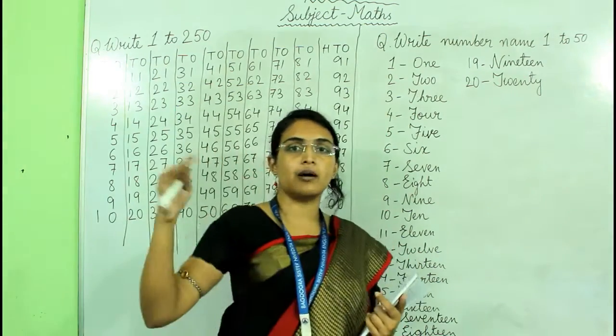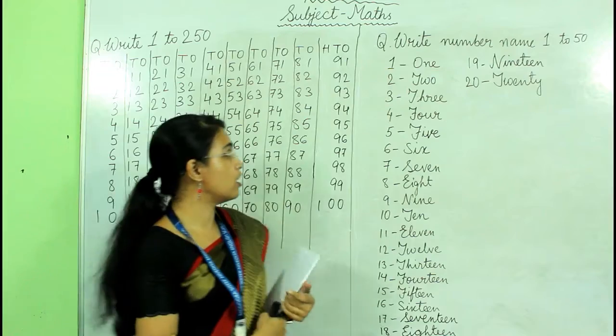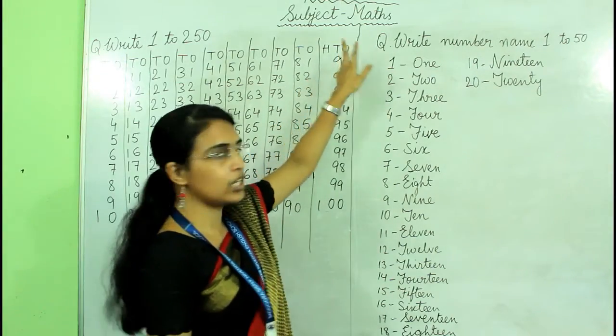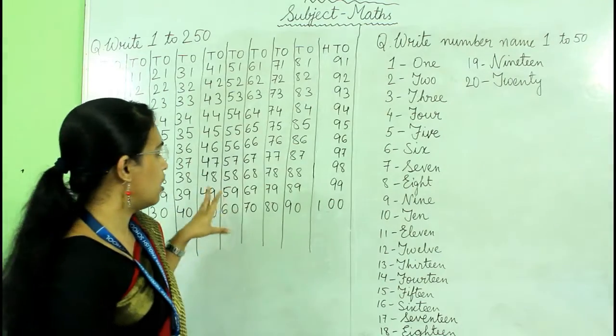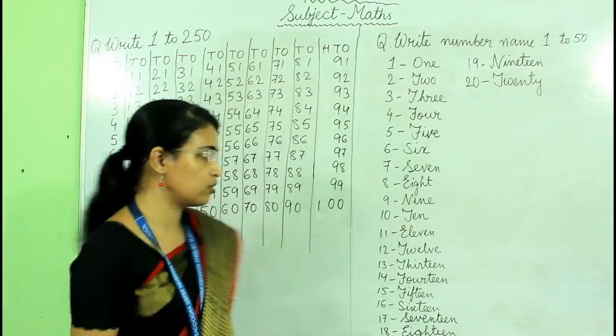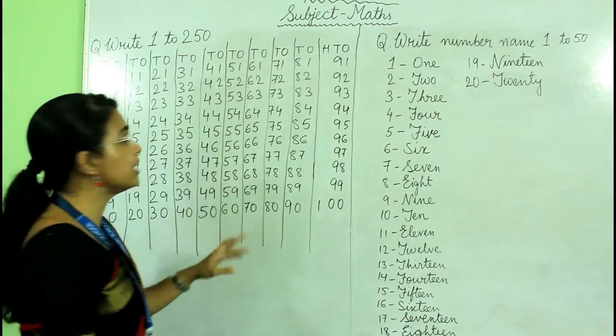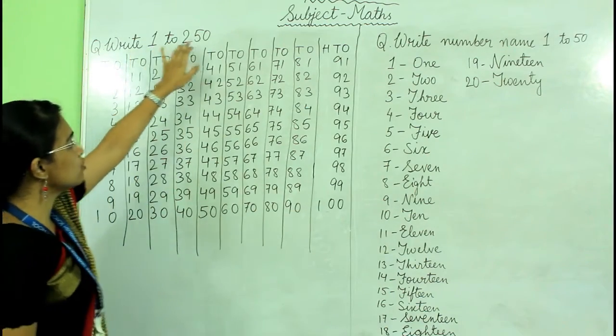All these numbers are 3-digit numbers, so you have to mention H, T and O when you are writing 3-digit numbers. In this way you have to write from 1 to 250.